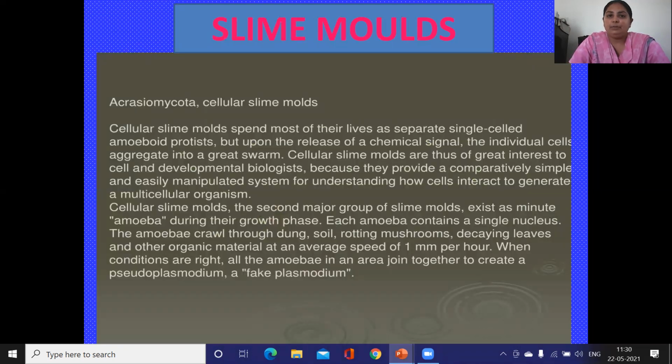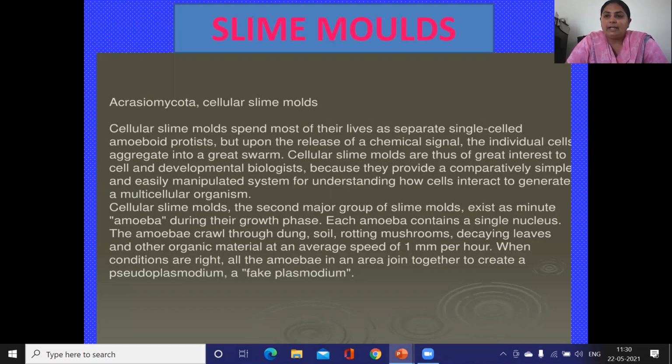And next are slime molds. I have already explained to you that slime molds are the only protists which are saprophytic. That means they grow on dead and decaying organic matter, from where they obtain their nutrition. They are generally found in the form of a large aggregate of cells on decaying twigs, leaves, wooden logs, etc. And you know that they are made up of cellular aggregates, not a single cell.